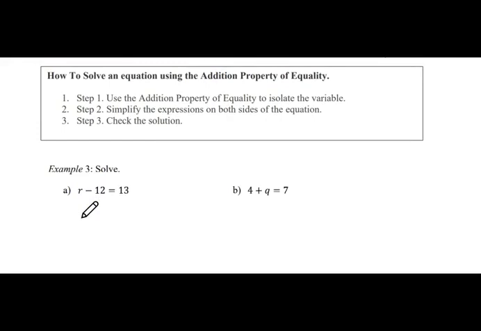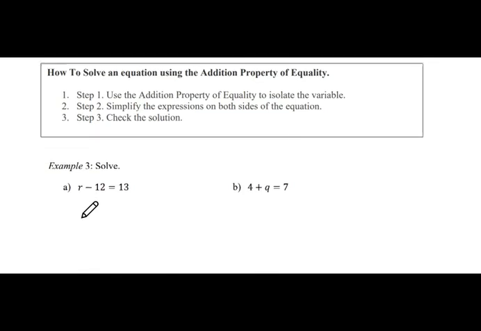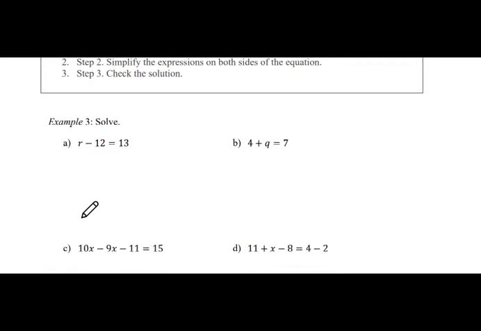At this point, in order for me to solve the equation, I need to have the variable by itself on the left side of the equation. My equation has the left side, everything to the left of the equal sign, and the right side, everything to the right of the equal sign. So the answer is going to be r equals something. That's how I know I have the equation solved.